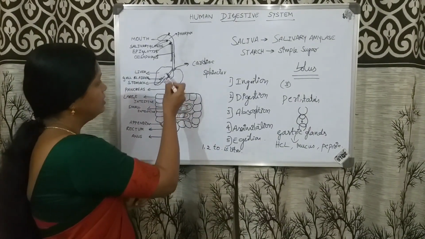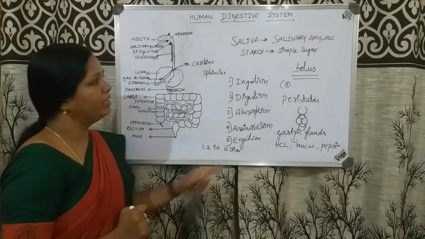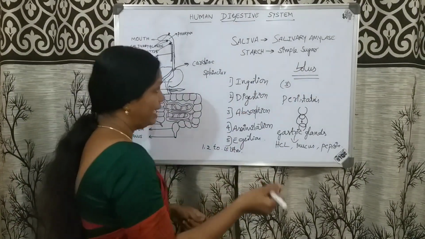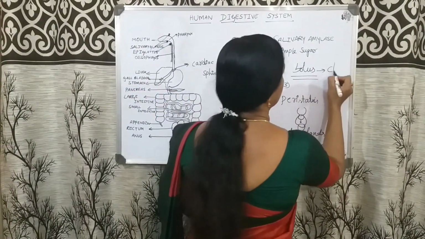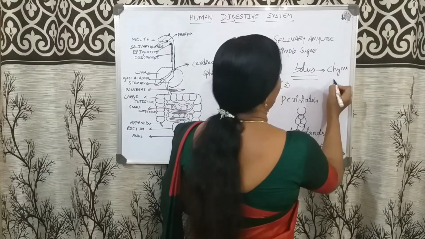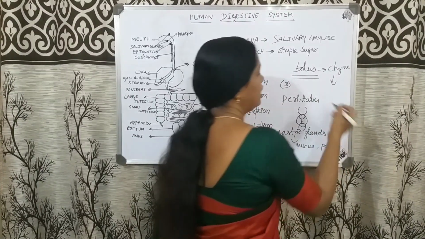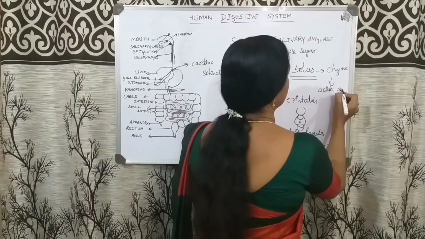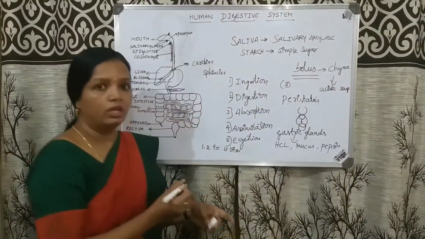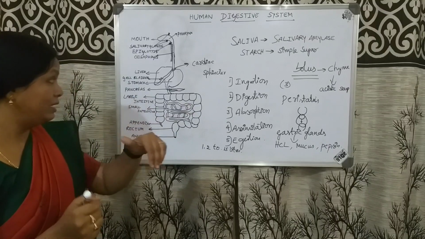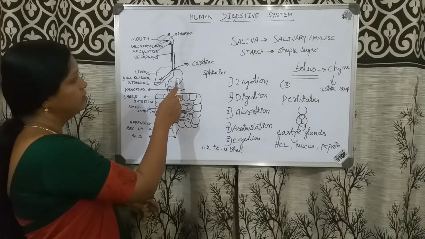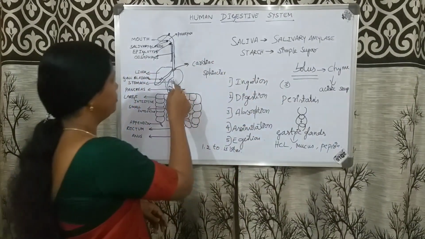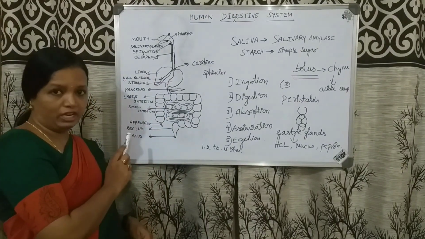The stomach forms the bolus into chyme. Chyme is a kind of acidic soup. This acidic soup, the chyme, enters into the small intestine.